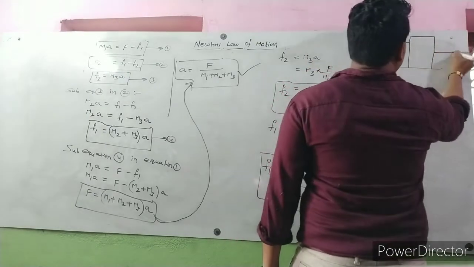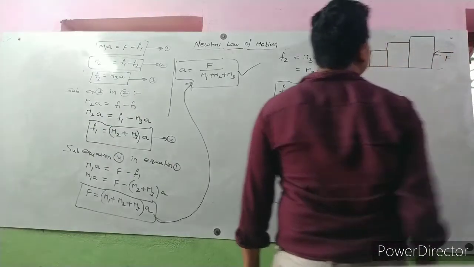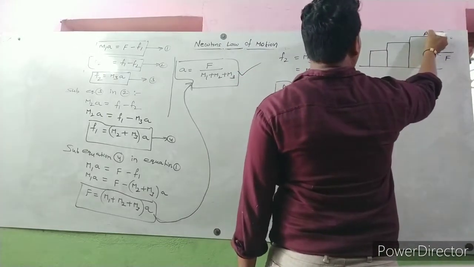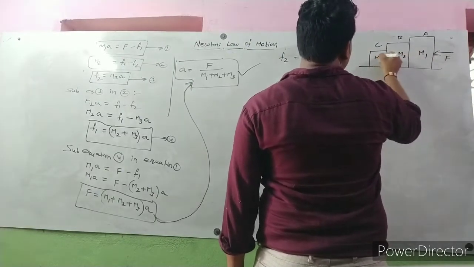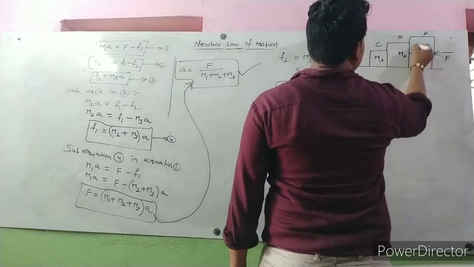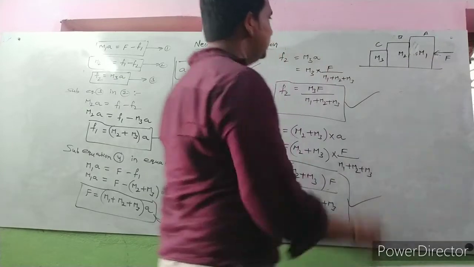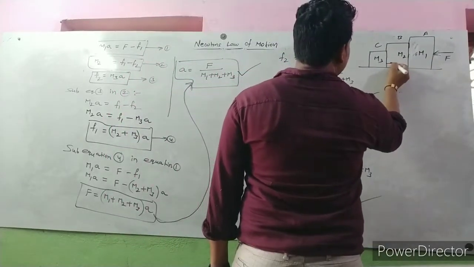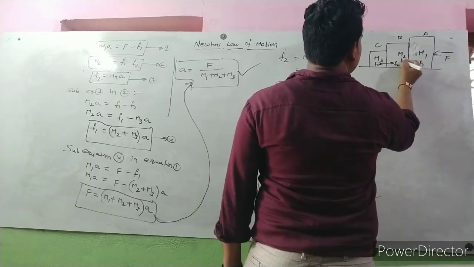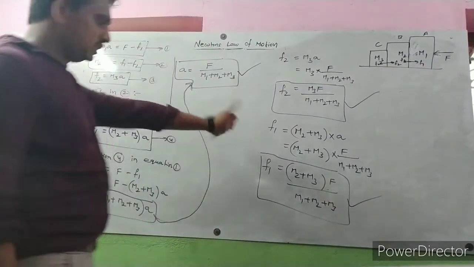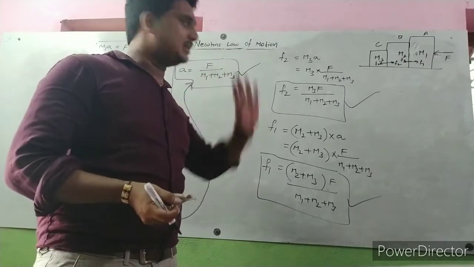This is the applied force F. These are blocks A, B, C, with masses M1, M2, M3. Here the force F1 is the contact force, and here the force is F2. So this is the total procedure for finding F1, F2 and acceleration.